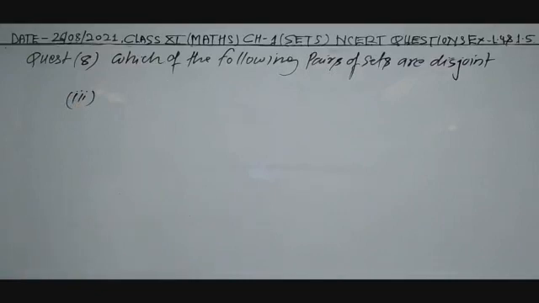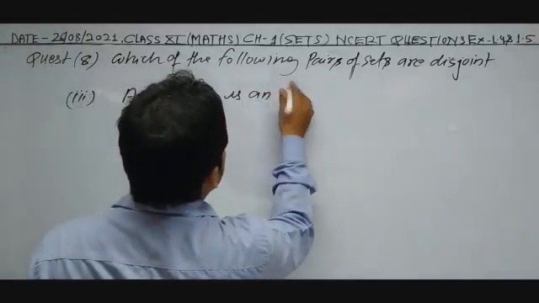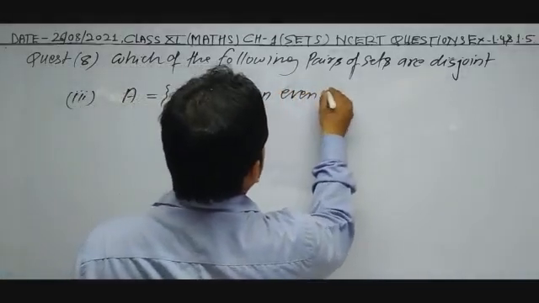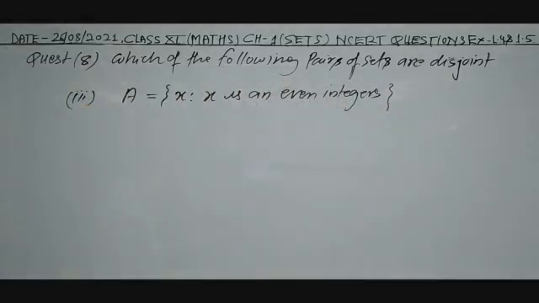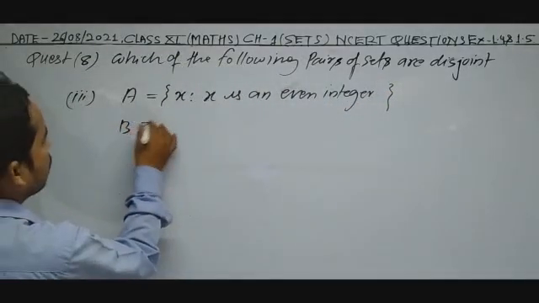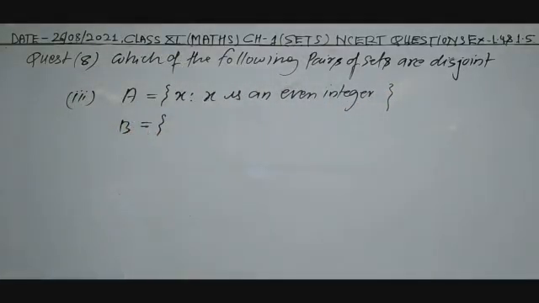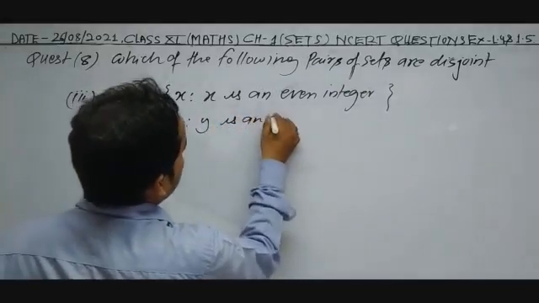The third part is: suppose capital A is the set x such that x is an even integer. And capital B is y such that y is an odd integer.